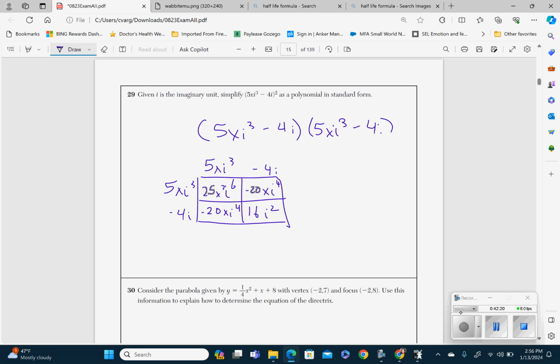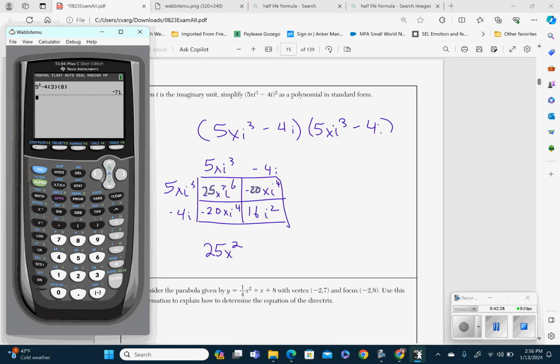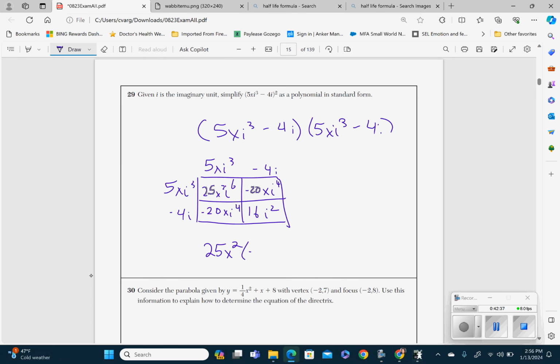So 25x squared, i to the sixth. I'm going to go to my calculator right here and just type in i, which is second dot, to the sixth power, hit enter. So I get -1, so this whole thing is going to be multiplied by -1. So when I solve that, positive times a negative is a -25x squared. Okay, that's my first one.